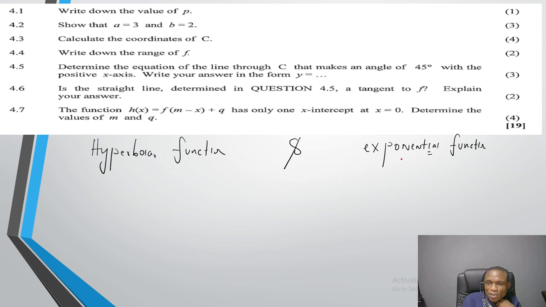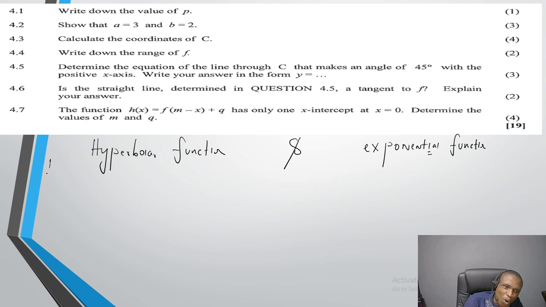In this case, remember the exponential is the inverse of log. So log and exponential, they have a tendency of behaving the same way. So the hyperbola function and the exponential function, or maybe the logarithm function, now they have got something in common.